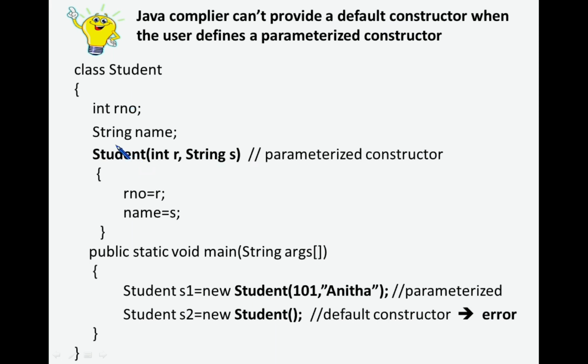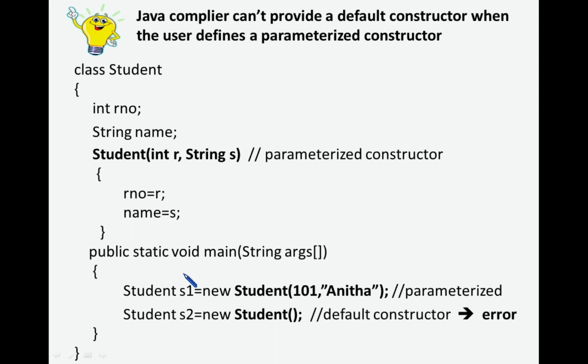So note it down, here we are not giving the default constructor. Now what we are going to do in this main. Inside the main method we are simply creating an object. This first object will be created successfully. This is a parameterized constructor. We are passing two arguments, which invokes this parameterized constructor.